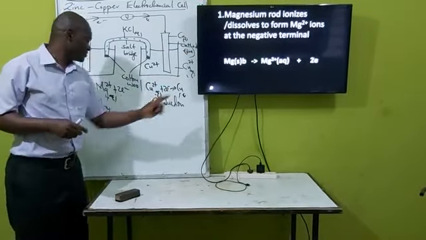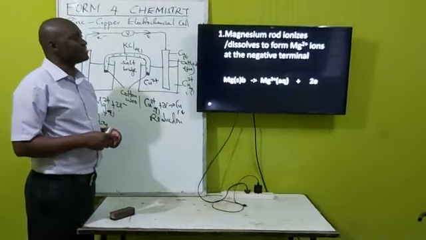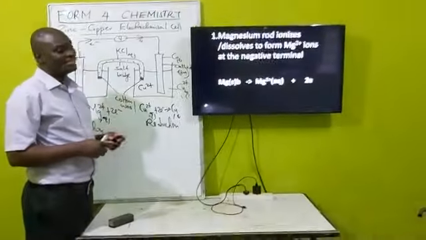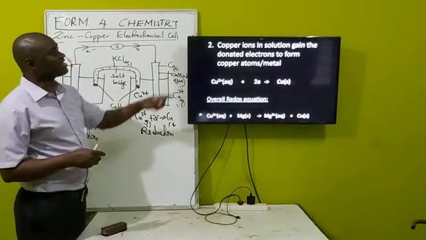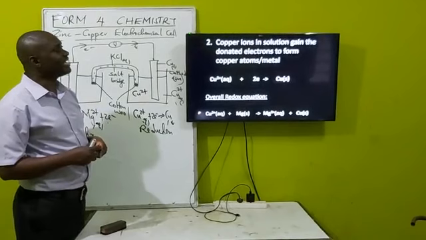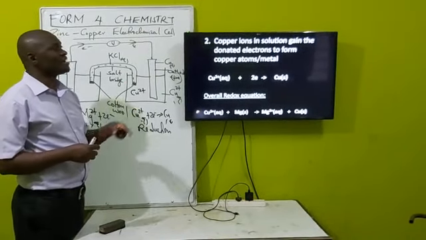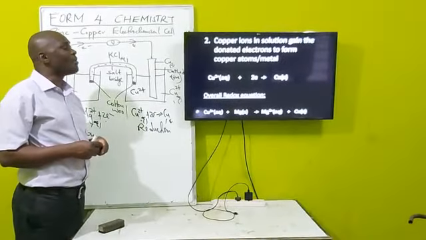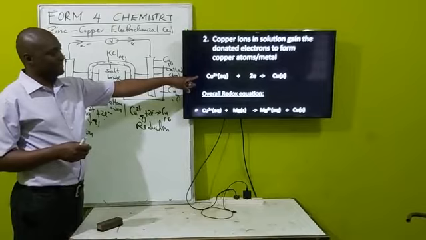That is the equation that we have shown there. Then the copper ions in solution gain the donated electrons to form copper atoms or copper metal. The equation is here.